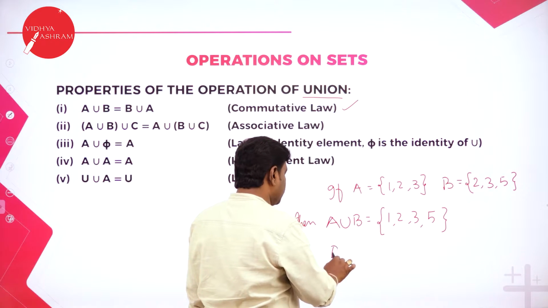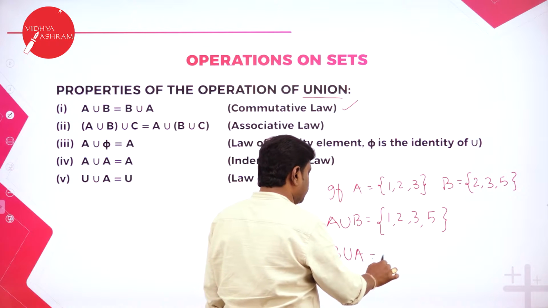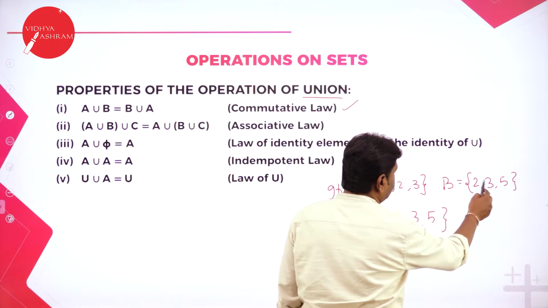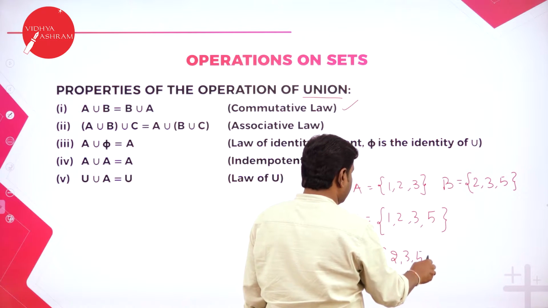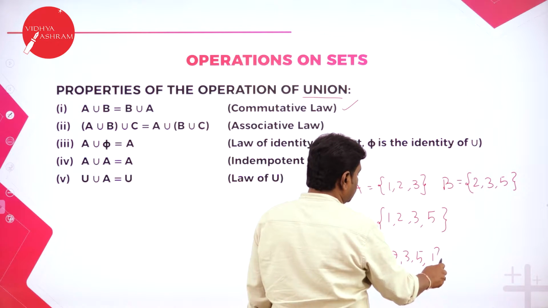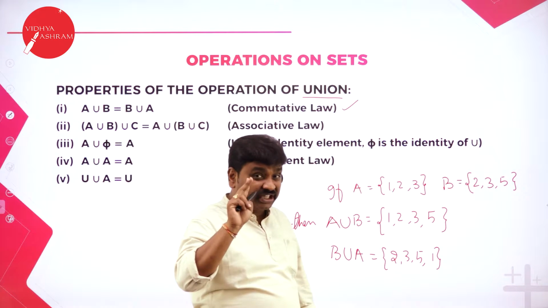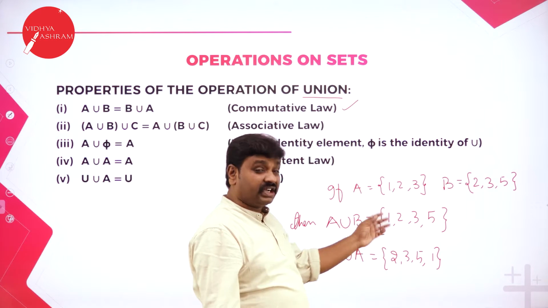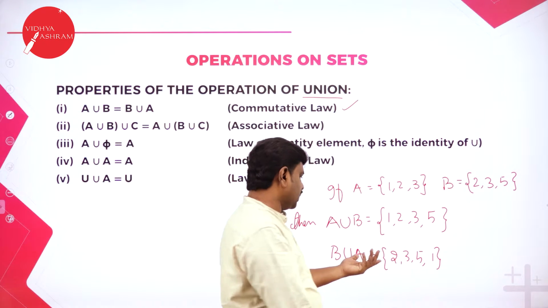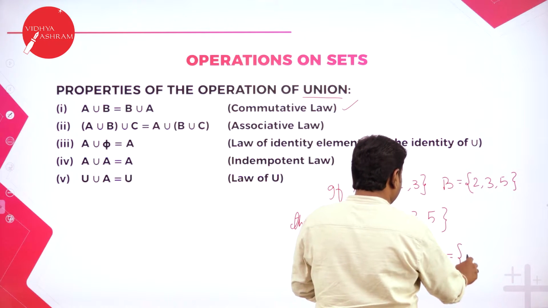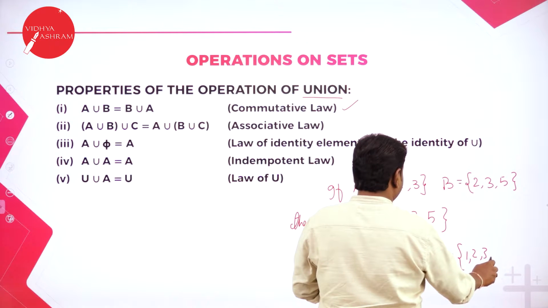Now you do B union A. B union A means combine B and A. If I combine, I'll get 2, 3, 5 and 1. You know, two sets are said to be equal if they have identical elements. Now the elements are same, and the order of writing is immaterial. I can also write this in order as 1, 2, 3, 5.